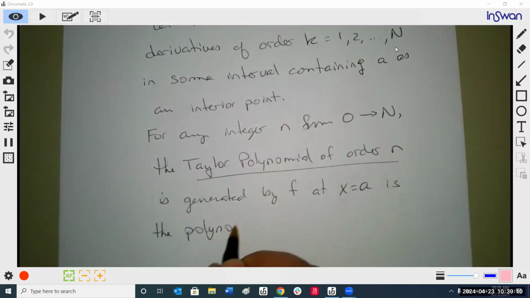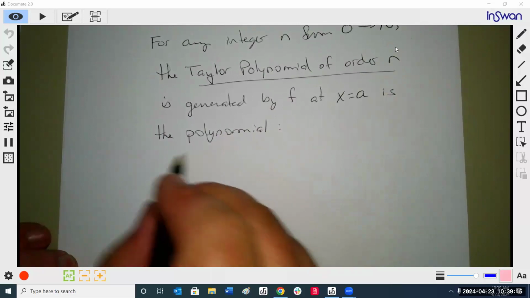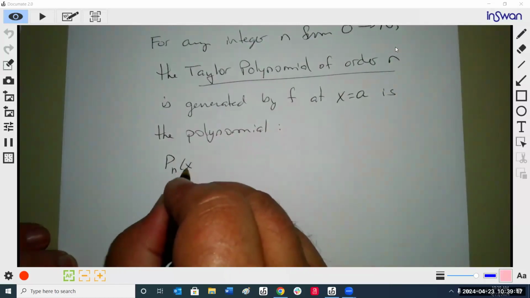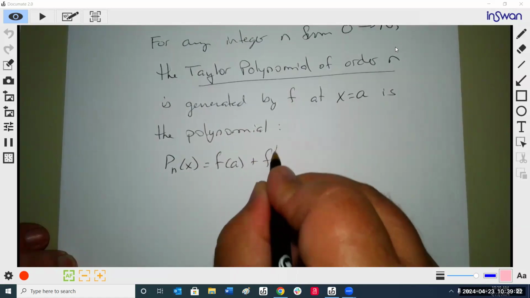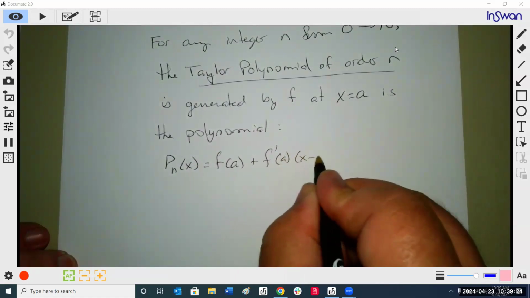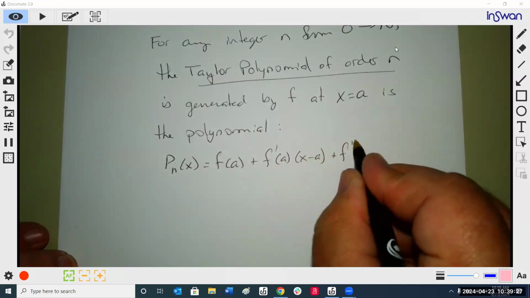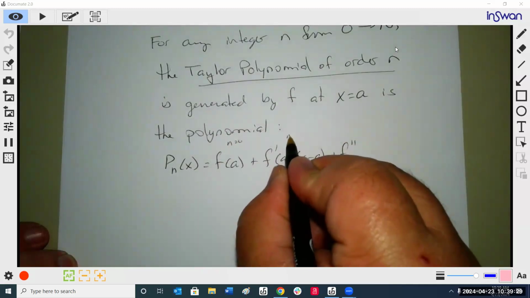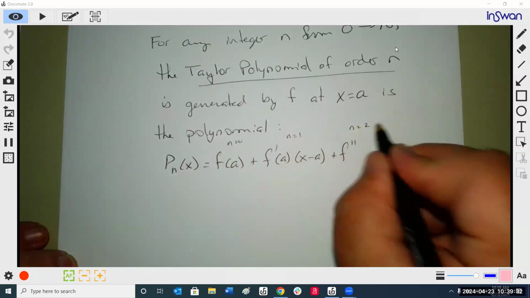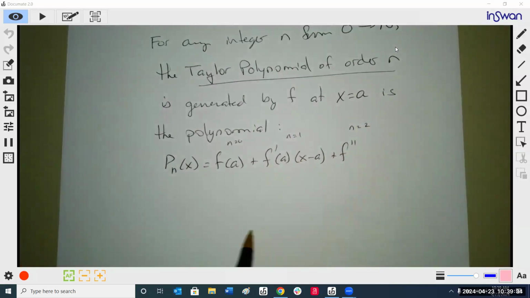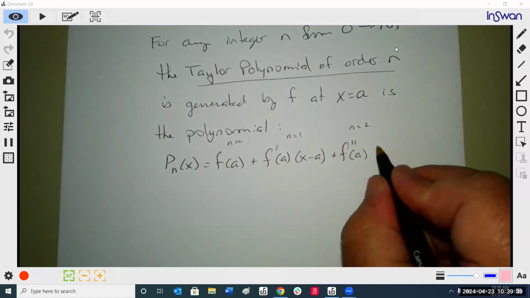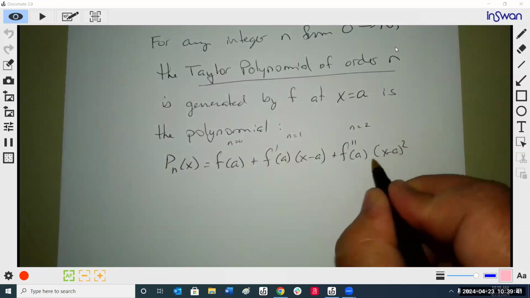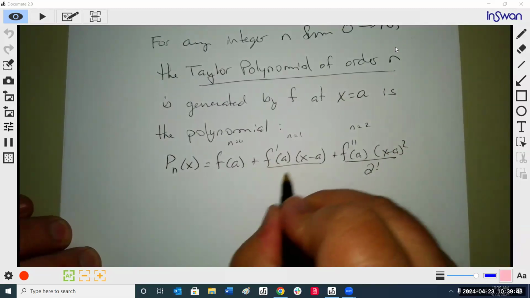The polynomial p of n is f of a plus f prime of a times (x minus a). This is when n equals 0, n equals 1, n equals 2. It'll be (x minus a) squared over 2. This is over 1 factorial.